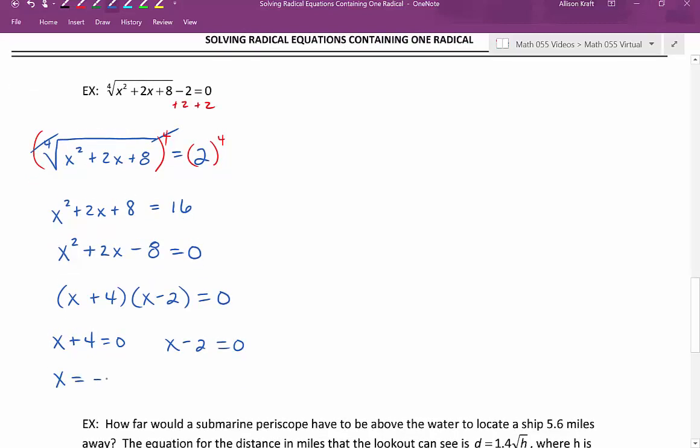We get x equals negative 4 and x equals positive 2. But before we can circle our answers and move on, notice that during our solving process, we raised both sides to an even power. Therefore, we must check both of these solutions in our original equation.